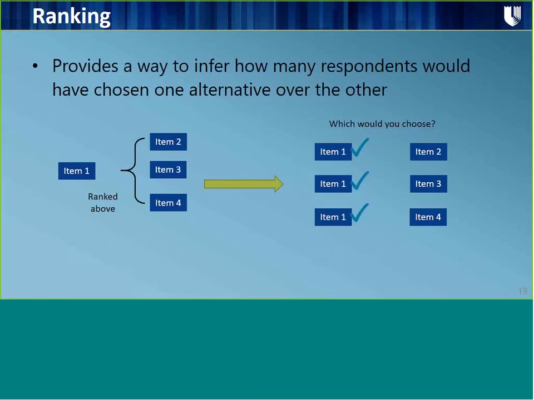The fourth method is ranking, and we typically use this as a way to extract more choices than we otherwise would.